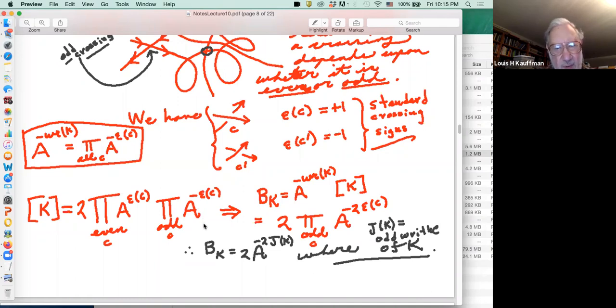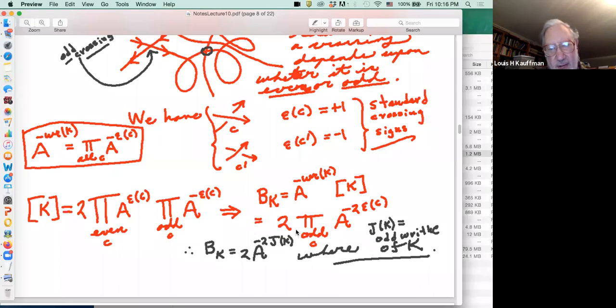So when we normalize it, we're multiplying by the product over all the crossings of a to the minus epsilon of c times this, which means that the even crossing part is canceled out and the odd crossing part appears twice.